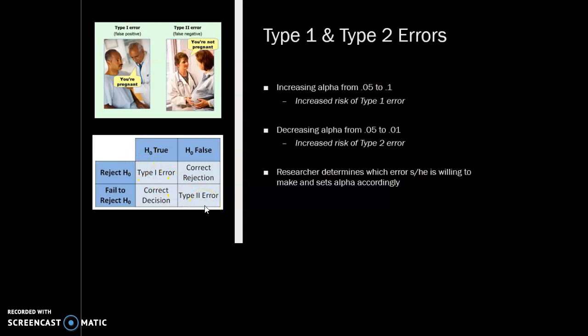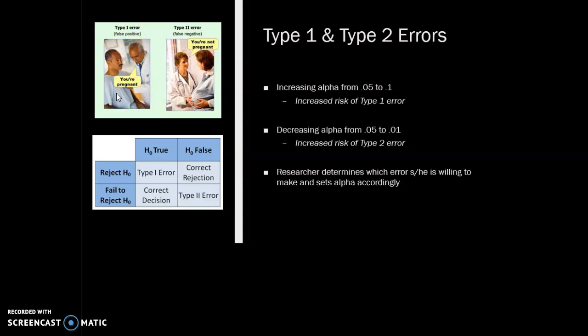One would be considered kind of a false positive mistake, and one would be a false negative. So if we look on this side, a type 1 error is when the null hypothesis is true, but we reject it. On this left-hand side, we have a doctor talking to a male patient telling him that he is pregnant.